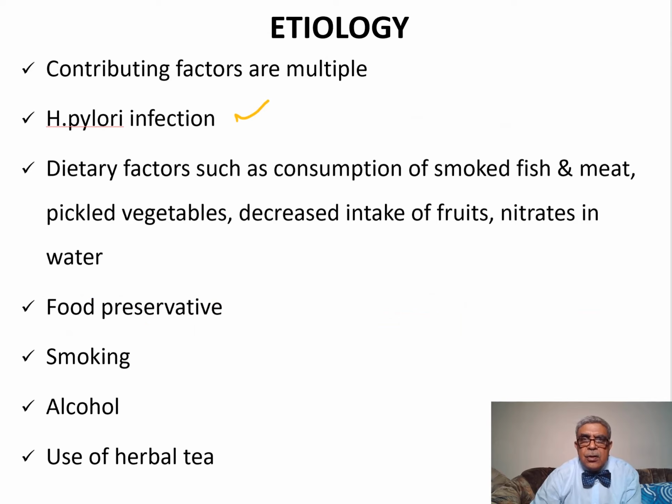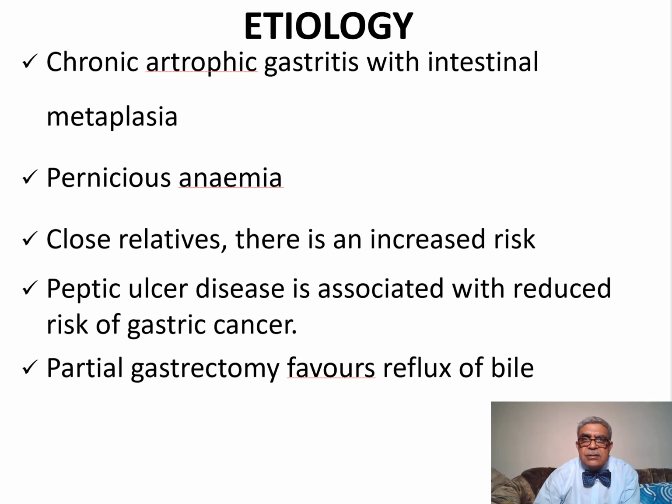Etiology: contributing factors are multiple. H. pylori infection, dietary factors such as consumption of smoked fish and meat, pickled vegetables, decreased intake of fresh fruits, vegetables, nitrates in water, use of food preservatives, smoking, alcohol, and then there are certain entities like chronic atrophic gastritis with intestinal metaplasia, pernicious anemia, close relatives, they are at high risk.